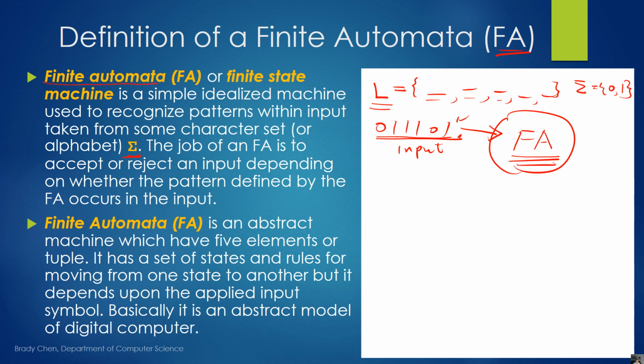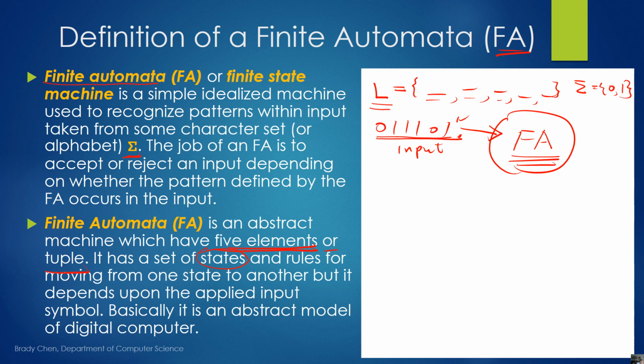So finite automata is an abstract machine which has 5 elements. We're going to define these 5 elements, or 5-tuple. It's the same thing. Now it has a set of states. We're going to define in the finite automata a set of states and the rules for moving from one state to another.